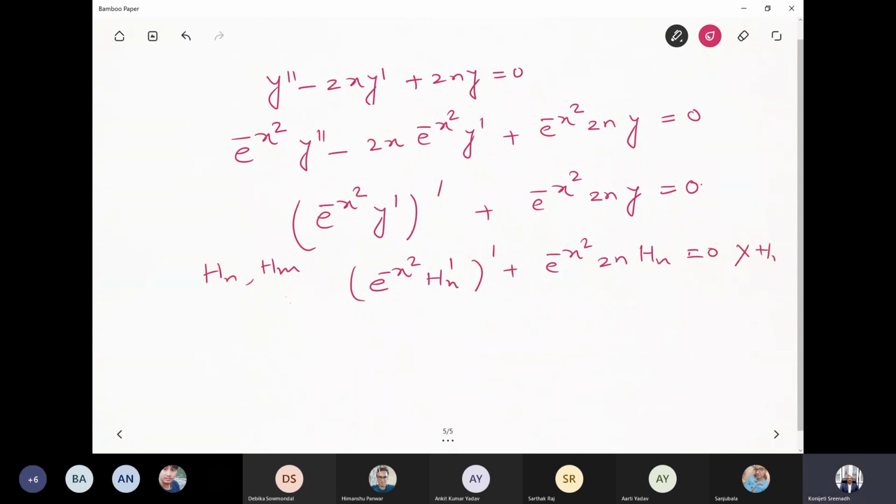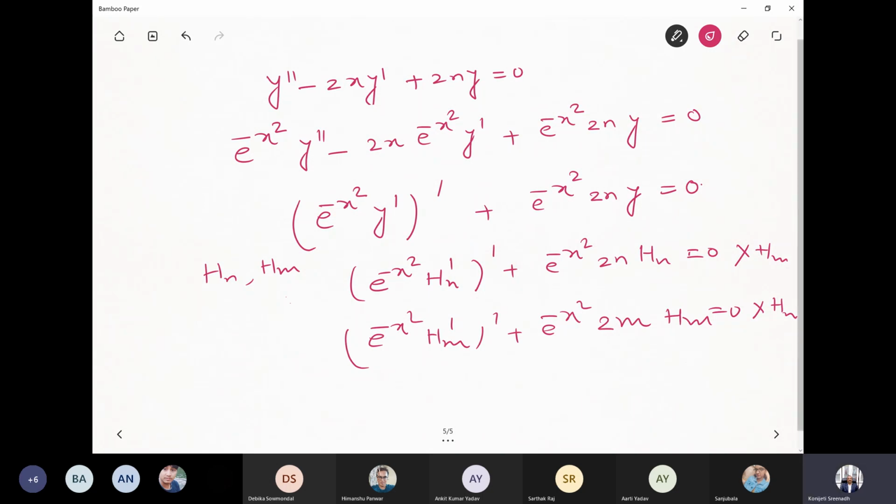Multiply this by Hm and do the same thing for Hm. Then you subtract and integrate.